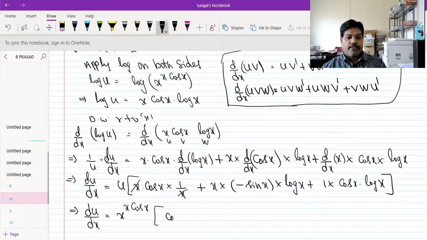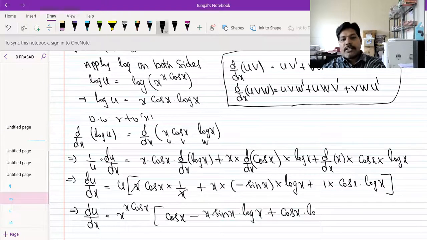You will get cos x minus x into sin x into log x plus cos x into log x.